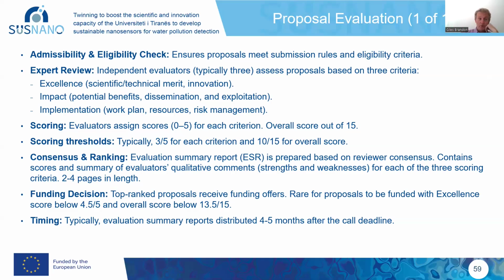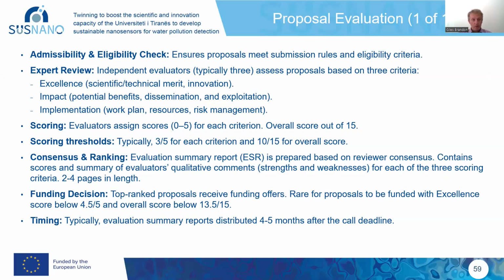Similarly, for the overall score, there's not one figure. I can't say it's 12 or 13, but from general observation, I'm not often seeing proposals get funded with scores below 13.5 out of 15. And quite often they need to be even higher, 14 or above. So in summary, it's tough, yeah? You have to have a very strong proposal, a very good score, and also some luck.